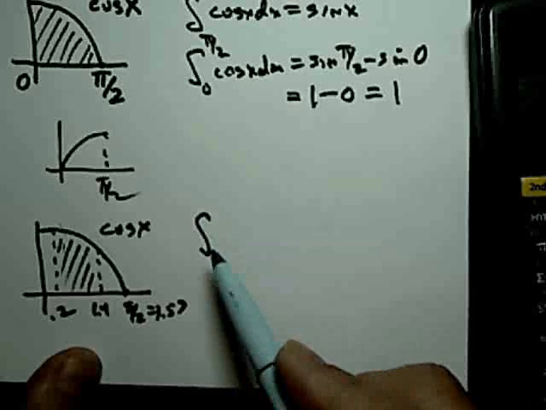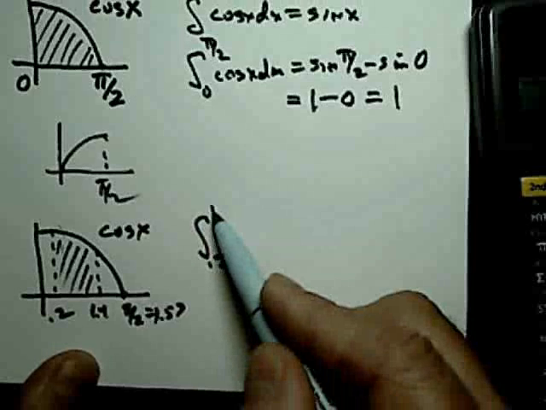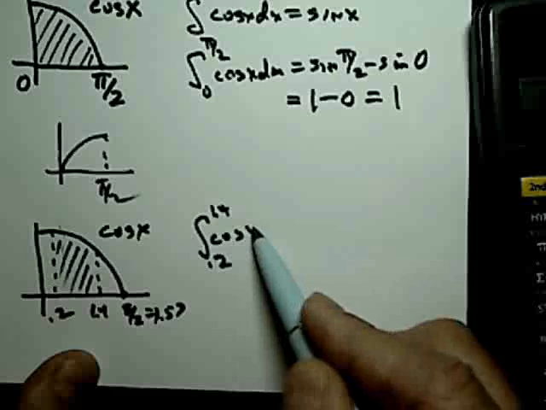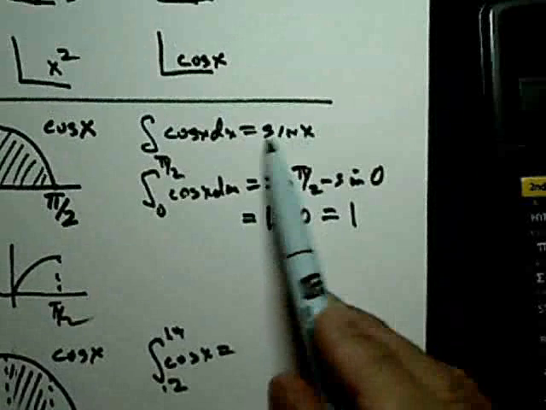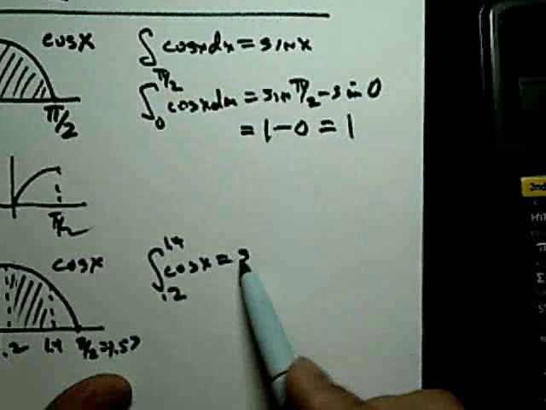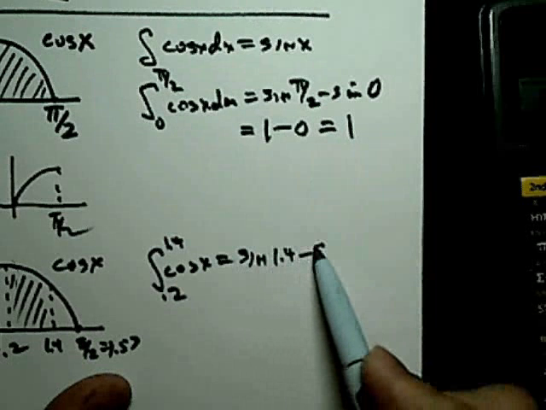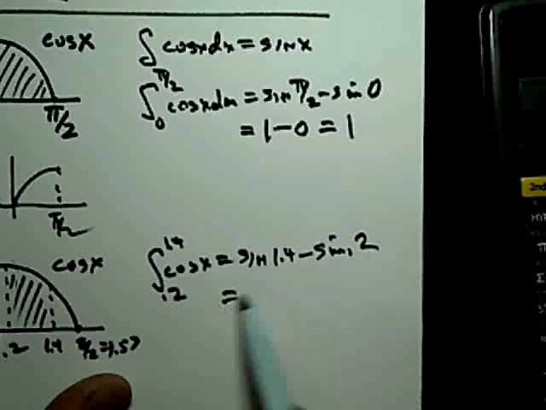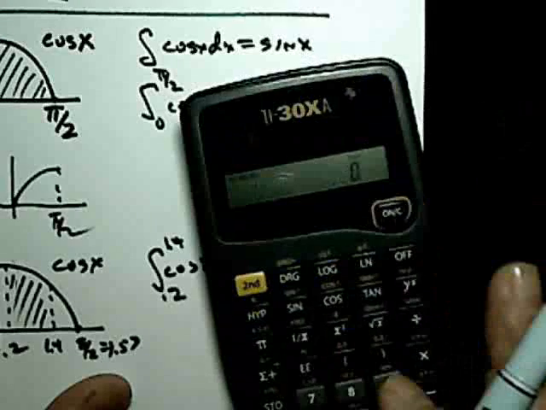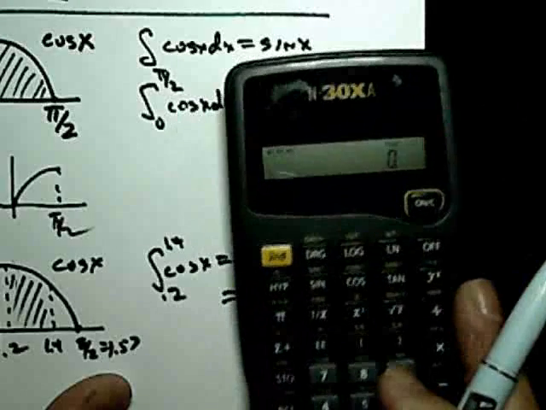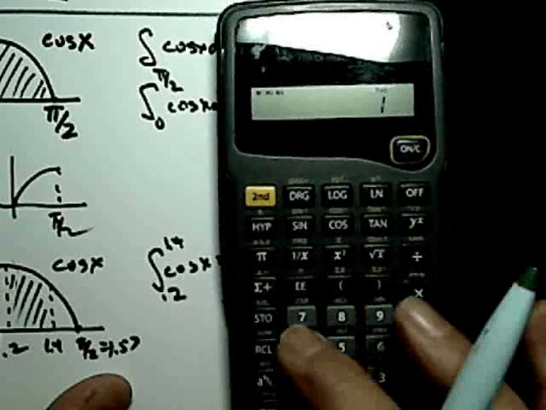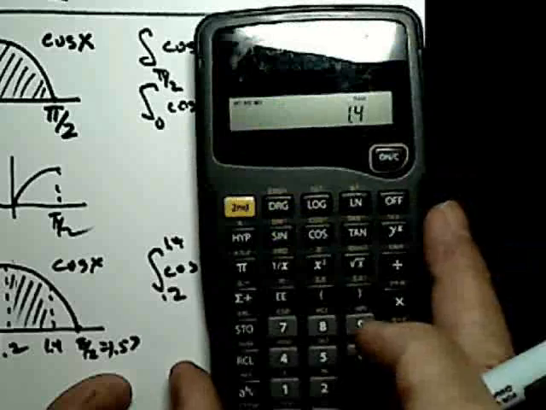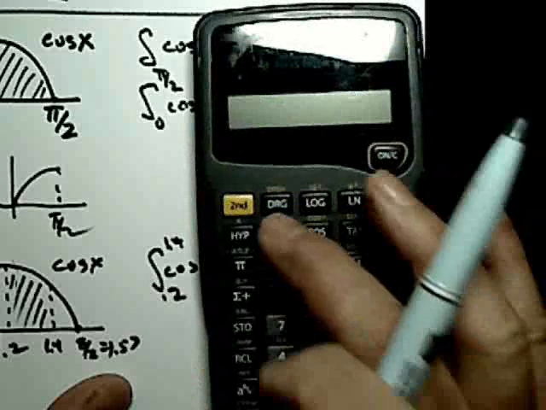The definite integral from 0.2 to 1.4 of the cosine of x is going to be what? Well, we know that the antiderivative is sine x, so this is going to be the sine of 1.4 minus the sine of 0.2. And now our ancestors had to use trig tables at this point in time. We're going to use the calculator. The ancestors did have trig tables to use, most of them, once they got going. And so 1.4, and I take the sine of that, and that is some number.